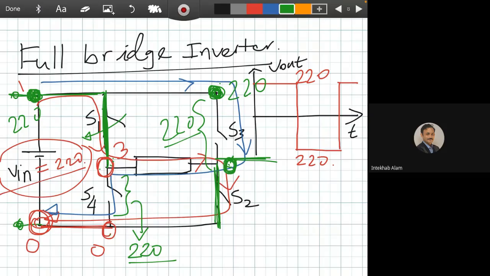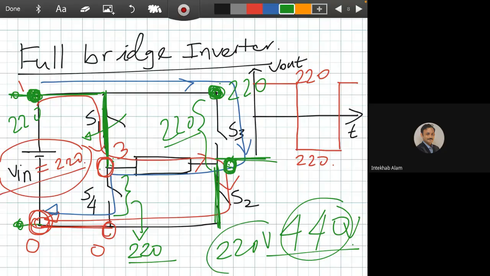Each switch suffers a breakdown voltage equal to the load voltage. In the half bridge circuit it is 440 volts, but in the full bridge it is the same as the load voltage, 220. So we can make a good choice of our switch here.